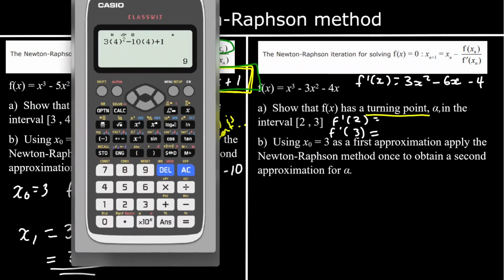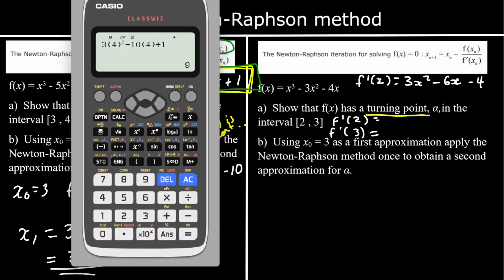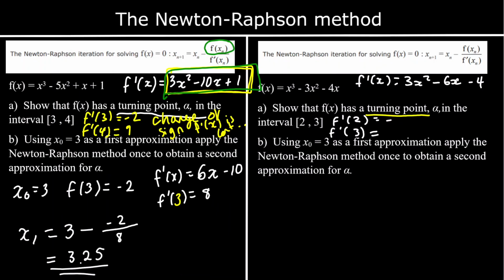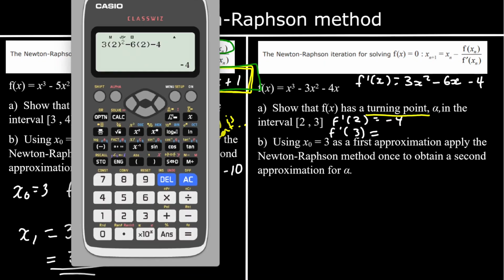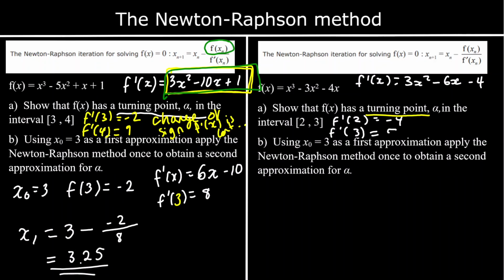So we have 3 times 2 squared minus 6 2's minus 4, which is negative 4. And if we substitute 3 into our function, we get a 5.